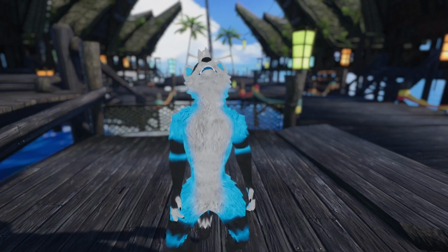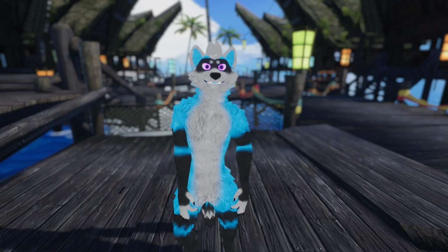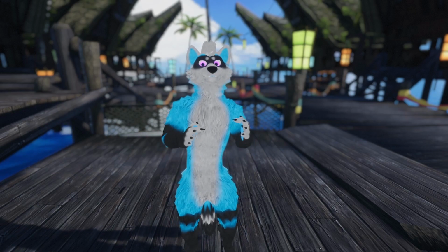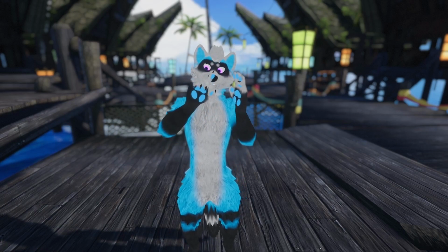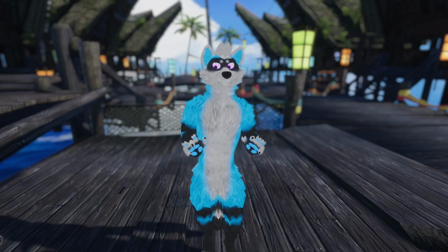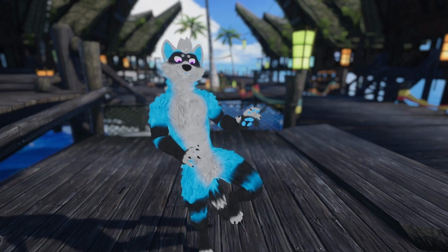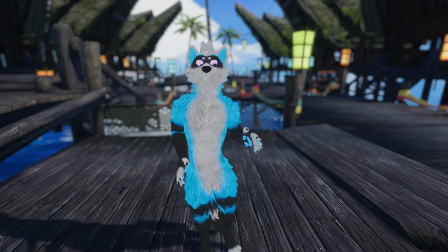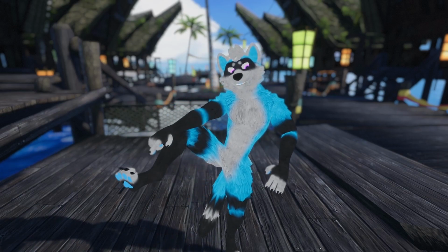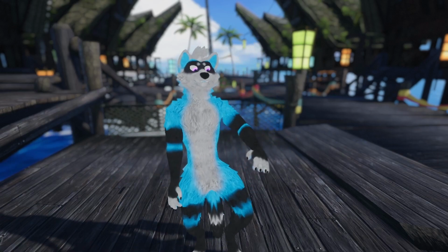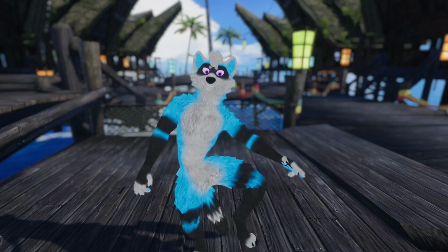Please, for the love of God, check your weights. Because otherwise, you're going to have issues where, this happens a lot to me, the initial attempt for automatic weight painting will attach some weight from this foot to this bone.